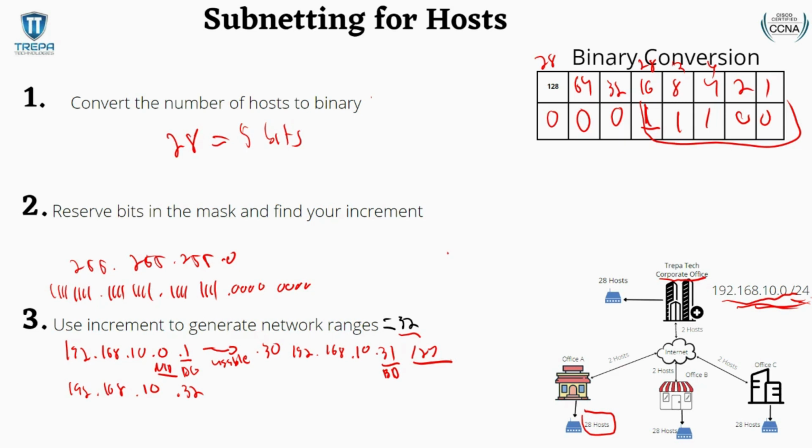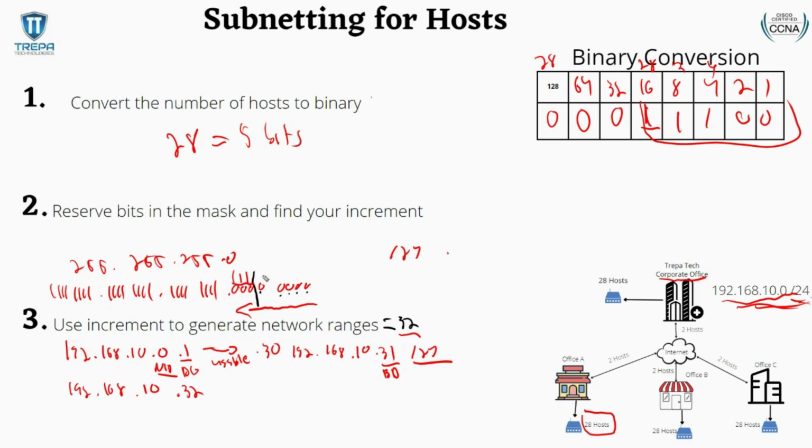So from right to left, we need to reserve 5 host bits and say, hey, no matter what, we need these 5 host bits right to left. There's our cutoff, right? 1, 2, 3, 4, 5. And then we're going to flip the rest to network bits. So now we have a /27.